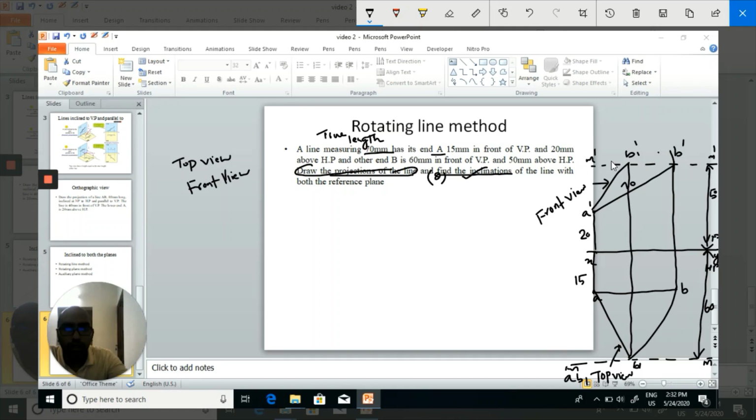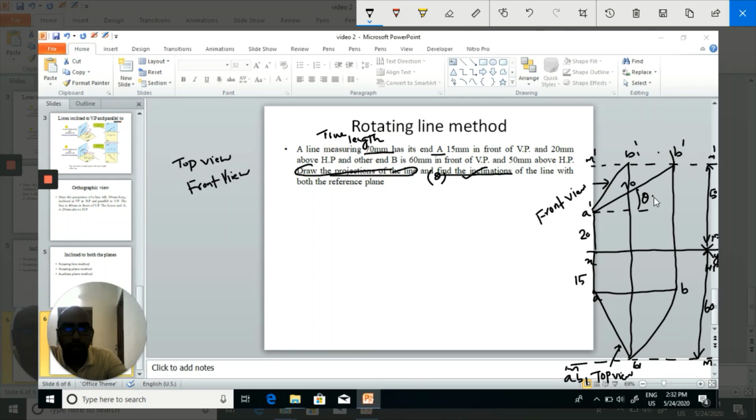Second part, we have to find the inclination. The inclination of the line AB with the vertical plane is theta. So you can measure this angle.